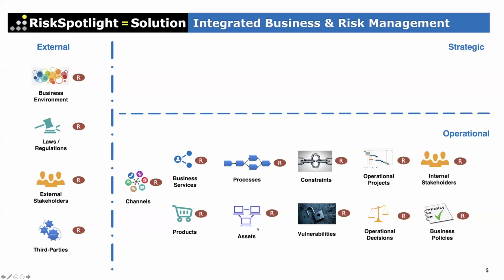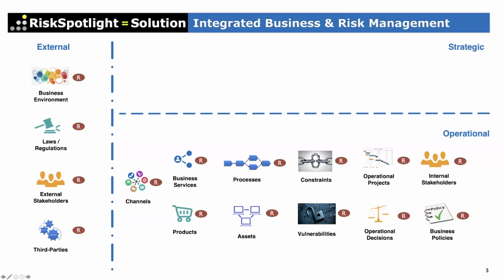So assets can be buildings, assets can be IT systems, assets can be information within those IT systems, that we need to execute those processes so that we can continue to provide those business services and products to the outside world. But those processes and assets come with various constraints and vulnerabilities. So first line is then managing those constraints and vulnerabilities on the day-to-day basis to make sure those processes continue to operate, those assets continue to operate.